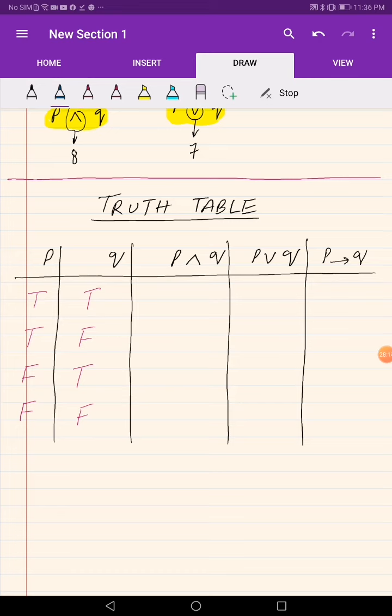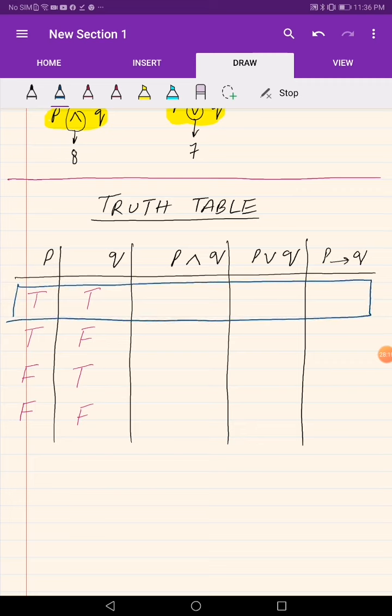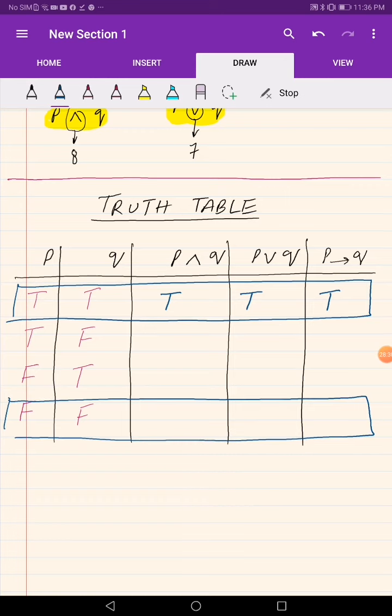First, when you complete the table, guys, the top row is always with T's. So without any hesitation, complete the rest of the spaces in the first row with T. Same thing, guys, you do it in the last row, F, F, but please don't write F here. You have to write T here. So this is the thing which you need to know. Noted. Now, how many spaces are left?